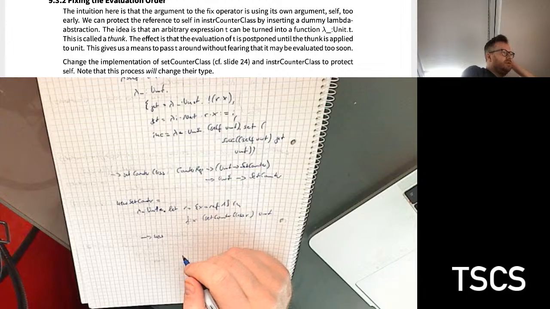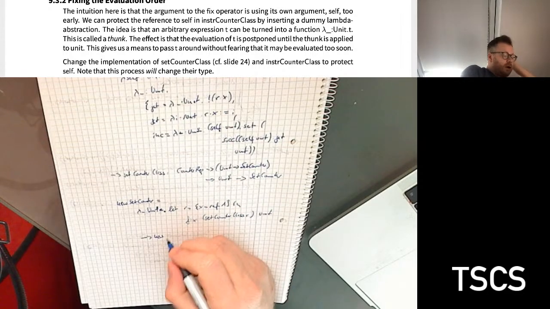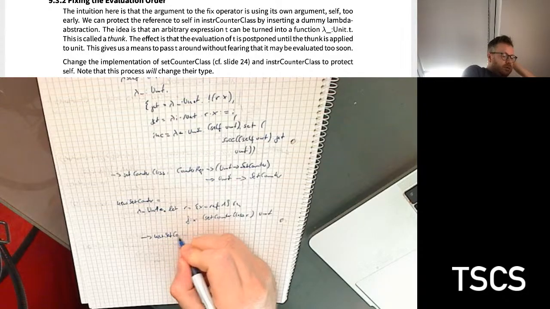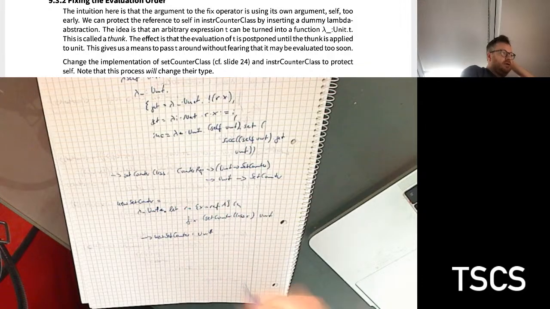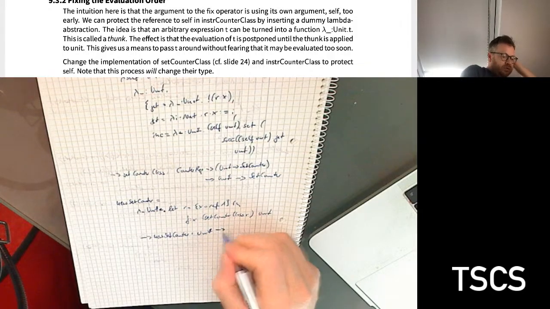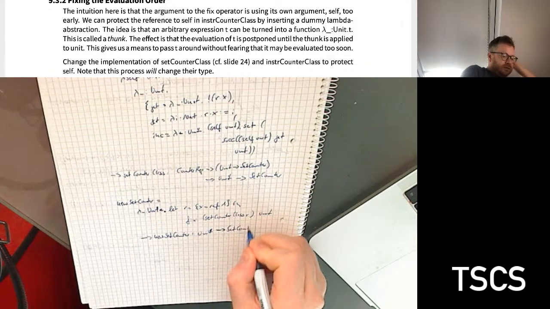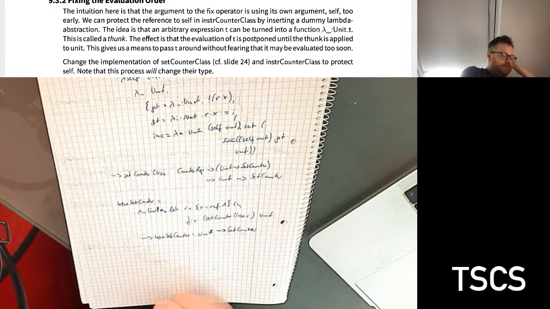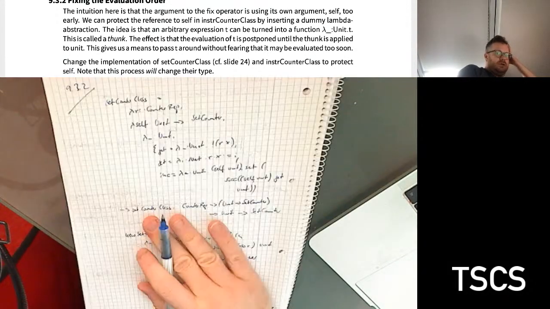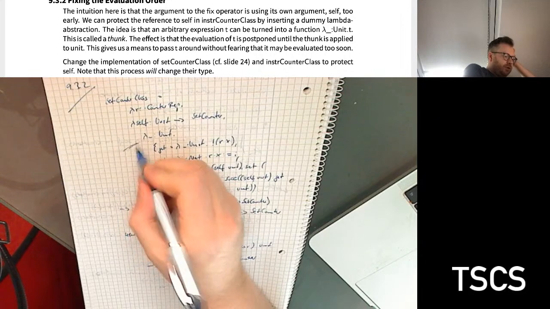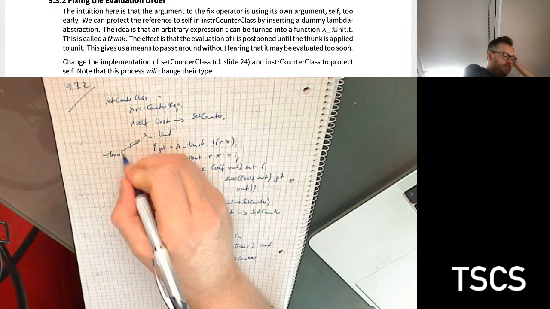And the type of this does not change because the outcome of all of this is, is there a unit too much on my type? No, not really. The outcome of all of this is this unit to set counter. And there we go. Now we fixed it because we've put it into a thunk up here. So just to quickly remind you, we call that a thunk.